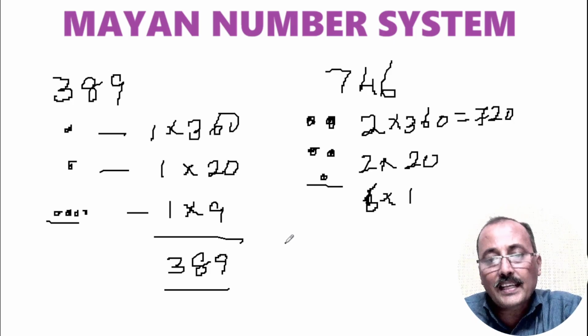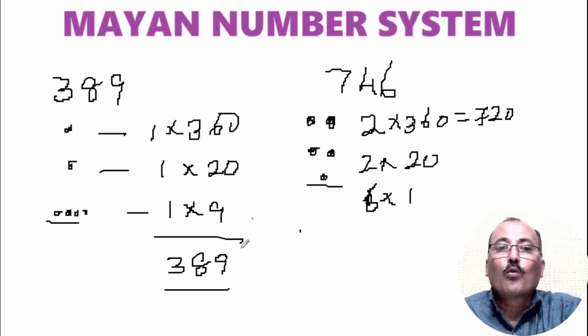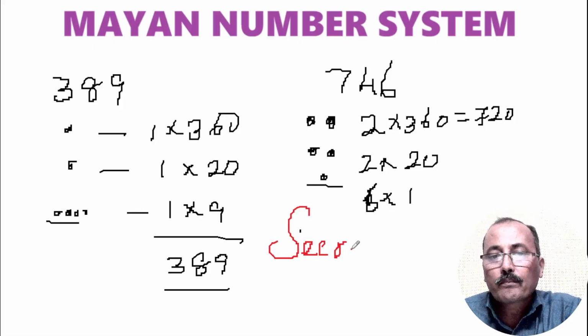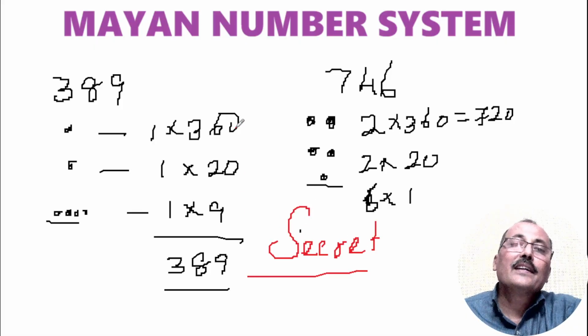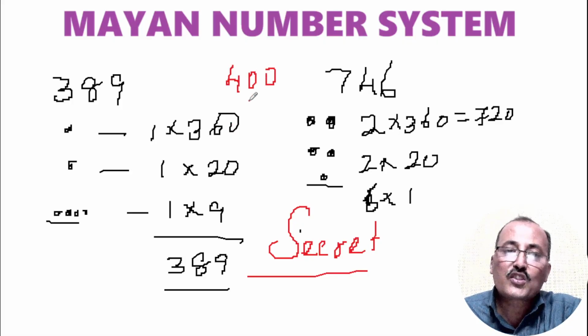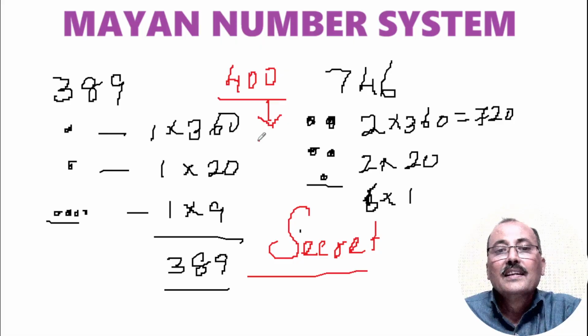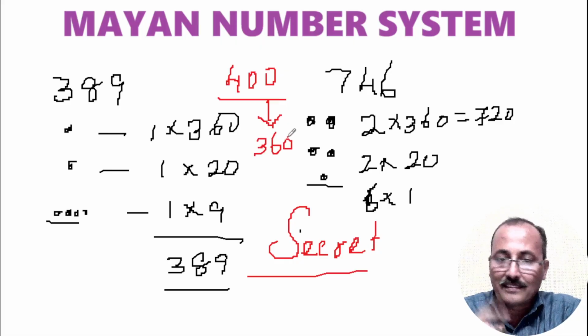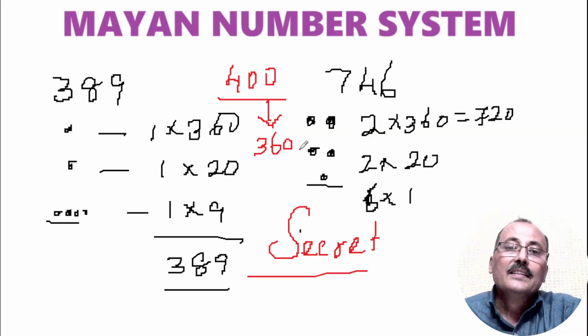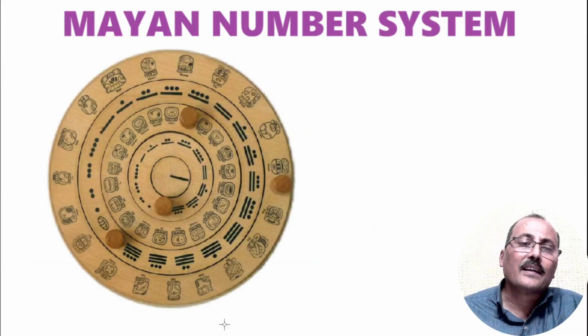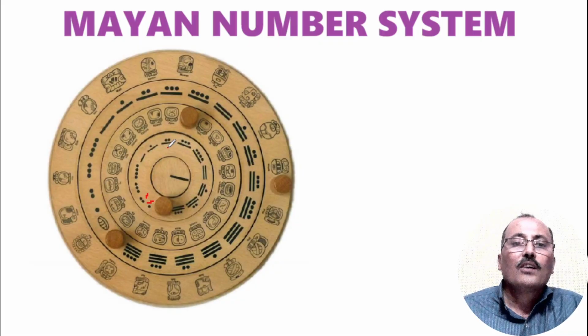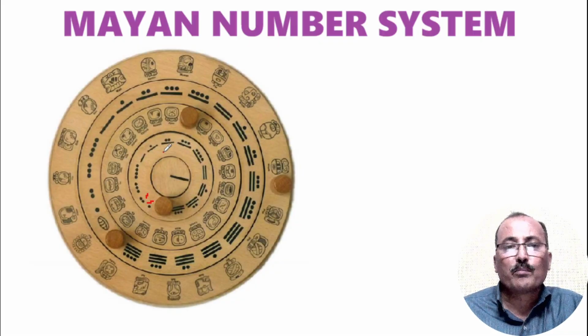Now I said I will tell one secret. Why didn't they go up to 400, and why did they stop within 360? It is because of the Mayan calendar. See the Mayan calendar here. In the middle of the calendar it is 1, 2, 3, 4, 5 bar, 6 is 1 dot and bar, 7 is 2 dots and a bar.